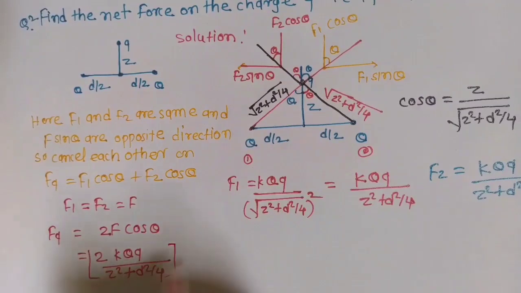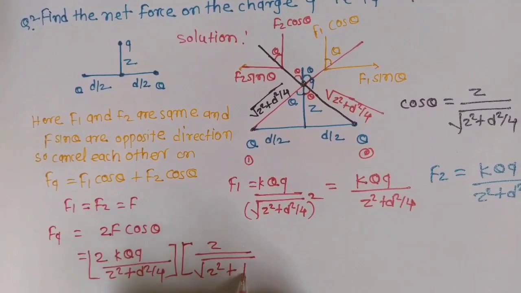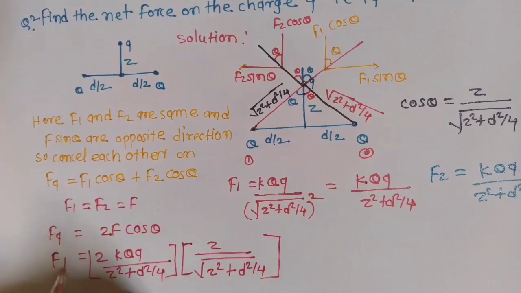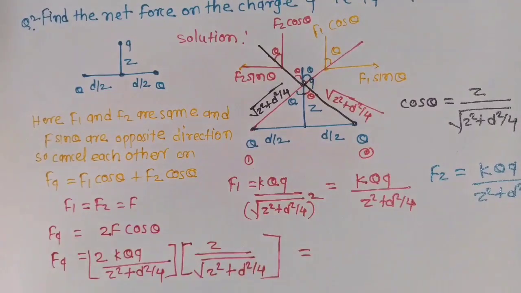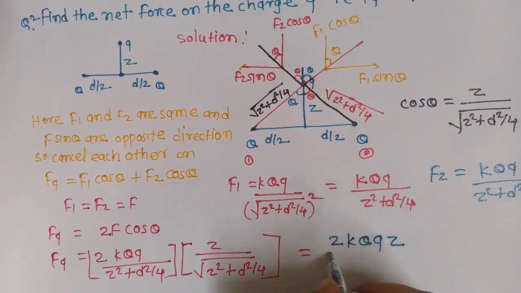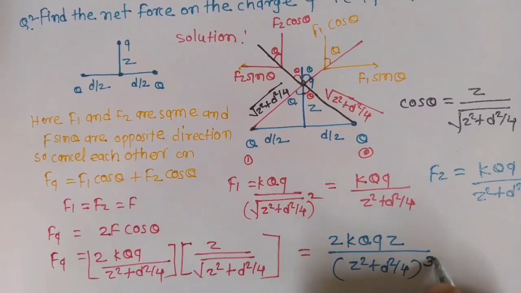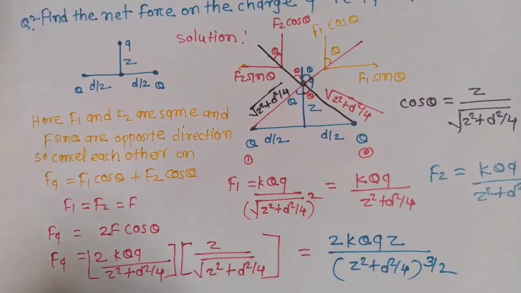Cos theta is z upon under root z square plus d square by 4. So F_Q is equal to twice K Q Q upon z square plus d square by 4 into z upon under root z square plus d square by 4. We can write it as twice K Q Q z upon z square plus d square by 4 raised to 3 by 2.